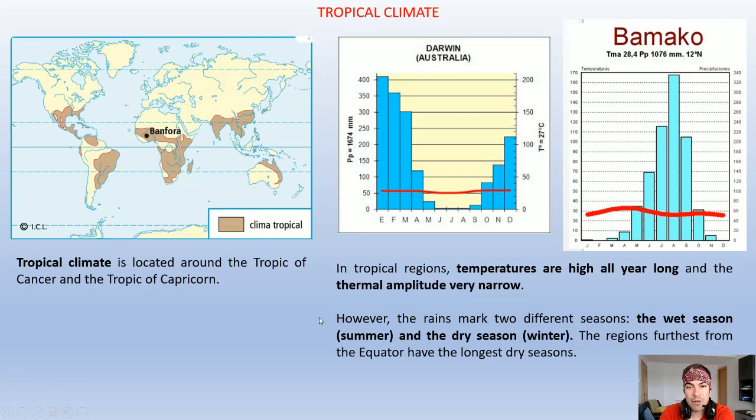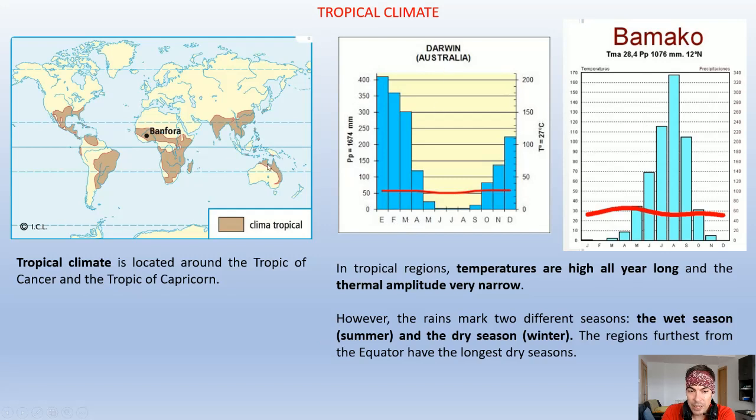But however, the main difference is in the precipitation, because the rains mark two different seasons. The wet season, which is usually in summer, and the dry season, which is in winter, okay? As you can see here in this climate graph, the months in which the precipitation is higher are the months of summer, which are January, February, and March.